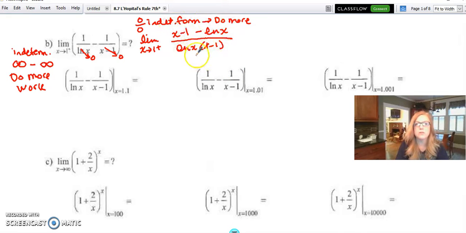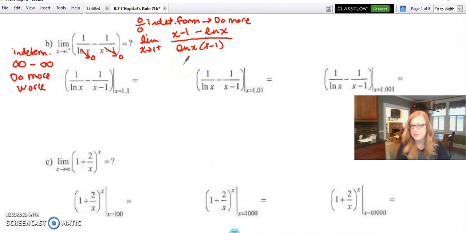Which one's going to 0 the fastest? And I'd probably say the x is, because log is really slow. So the x is winning here. And then down here, the ln of x times x would probably be the winner. Then the x's cancel. You get 1 over natural log of x, which is going to 1 over 0. And you'll be like, hey, it's going to infinity.